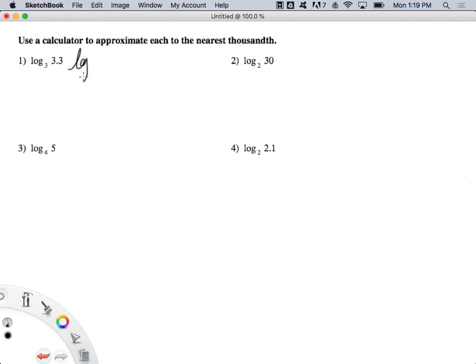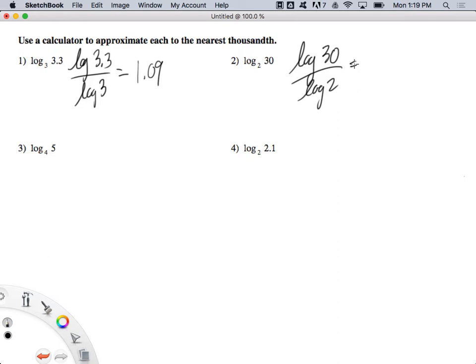This becomes log of 3.3 over log of 3, which would be 1.09. This would be log of 30 over log of 2. Is that the same thing that we did before? Yep. Except now we're just handling it explicitly, which is 4.9.